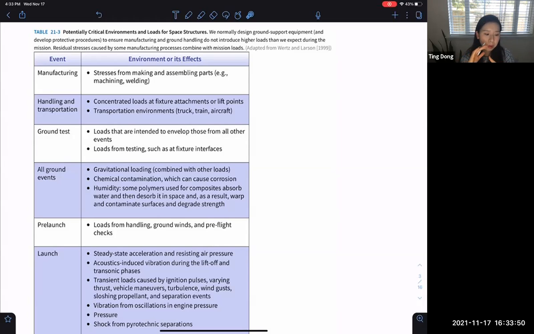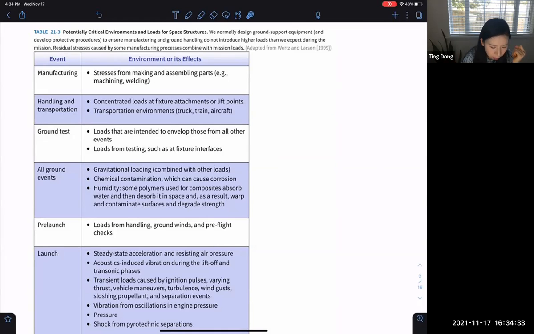When you drill the fastener holes during the manufacturing process, the fastener hole itself is not perfect, and there's always some micro crack generated during manufacturing. That micro crack is the potential initial crack during fatigue loading. And we want to control it over the whole aircraft lifetime to make sure that the fatigue crack will not grow into the unstable phase. So we can see that the critical environments start from the manufacturing process.